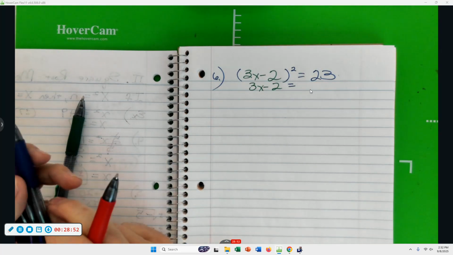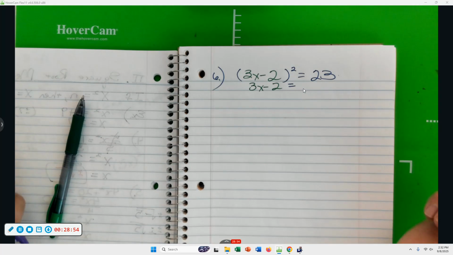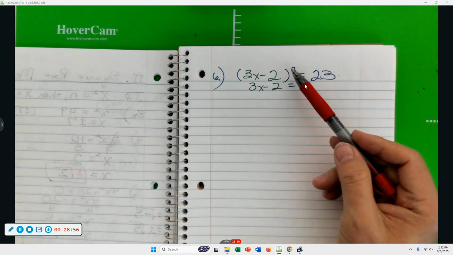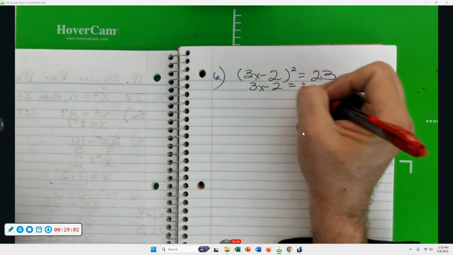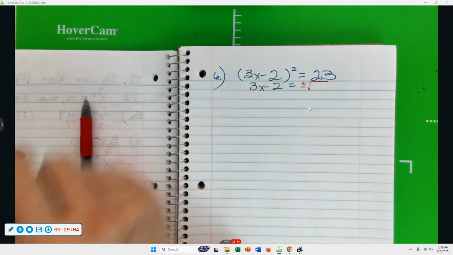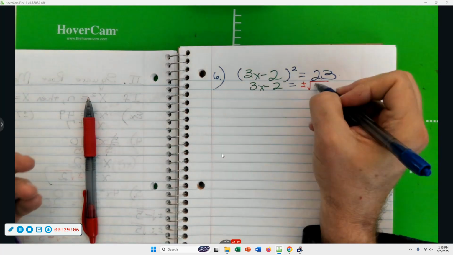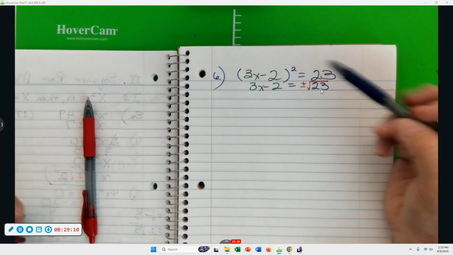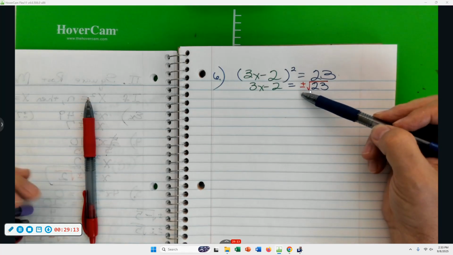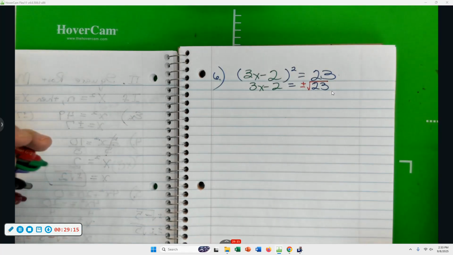What am I going to write in red now? When you drop the square on the left, you pick up a plus or minus and a square root on the right. You drop the square on the left, you pick up a positive and negative square root on the right.